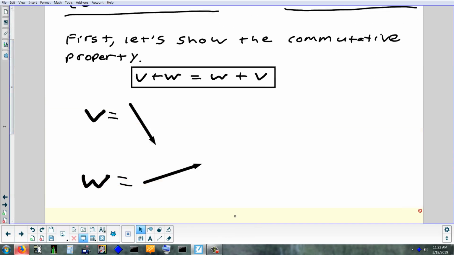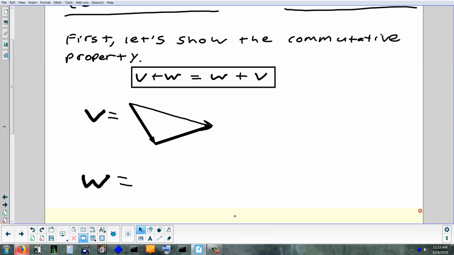So visually, I'm going to show you what happens if we do it in the order on the left and then on the right. So here's V, and on the end I'm going to add W, and I'm drawing everything by hand, so it might not come out exact, but I'll try.